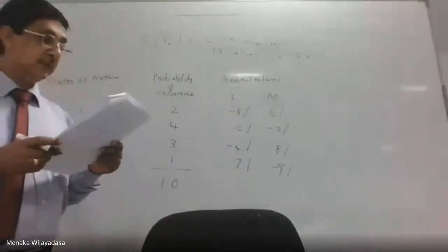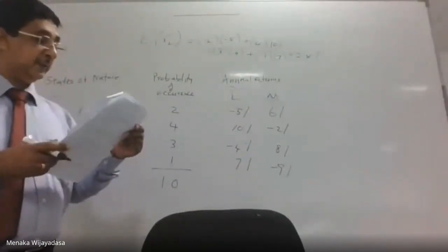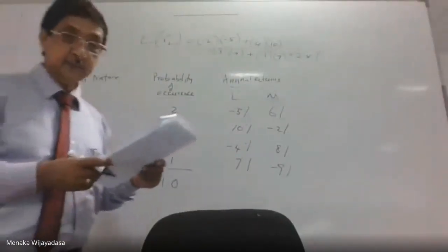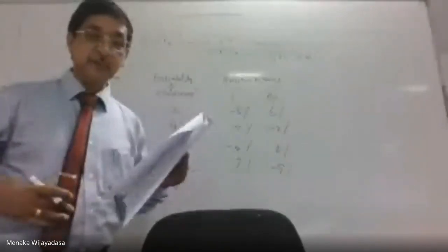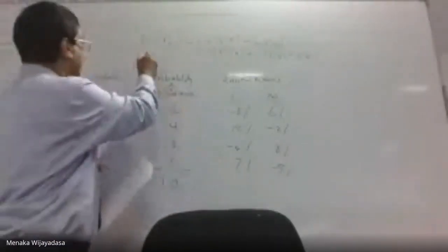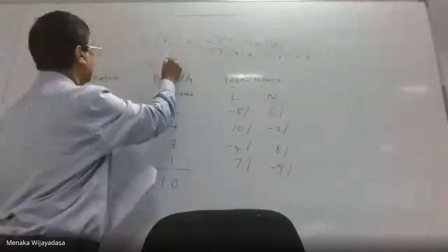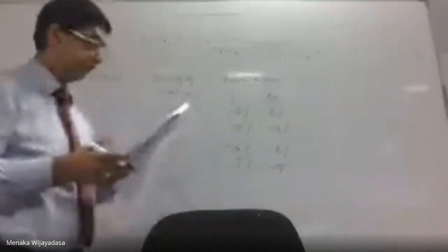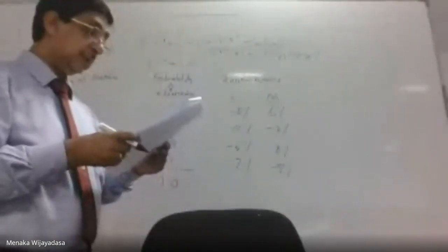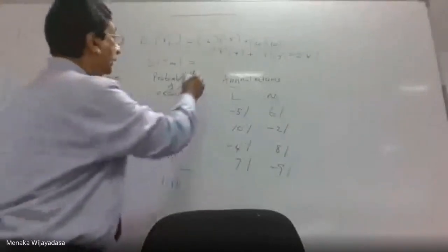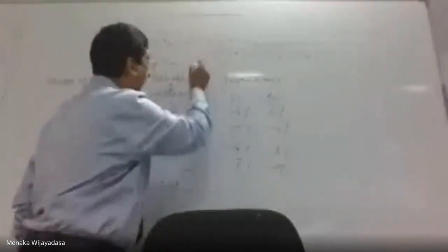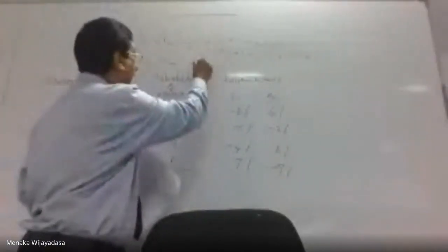In the same manner, you can calculate the expected rate of return for M also. That is ERM. We can calculate it and we can just get it as 1.9%.